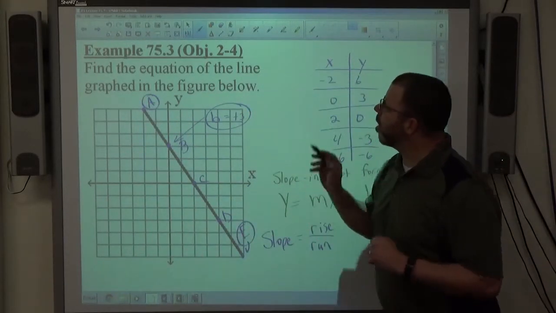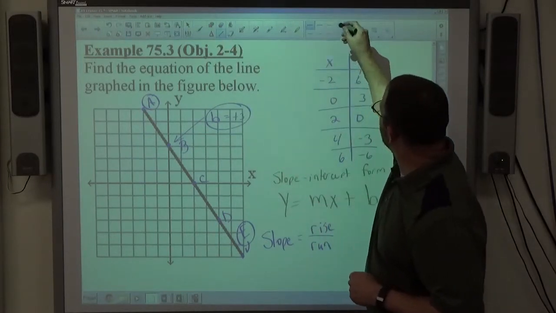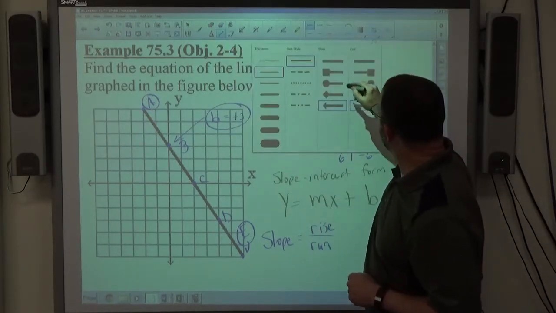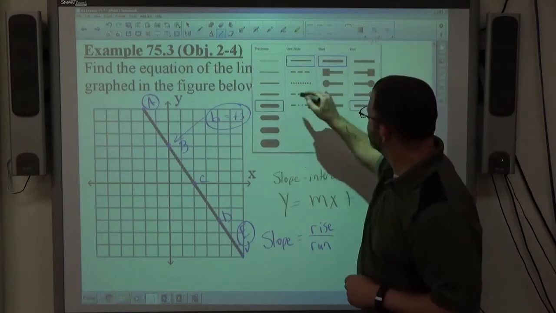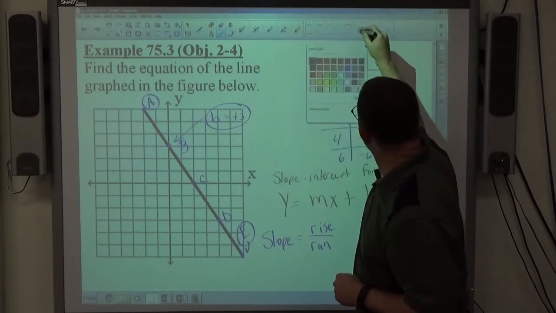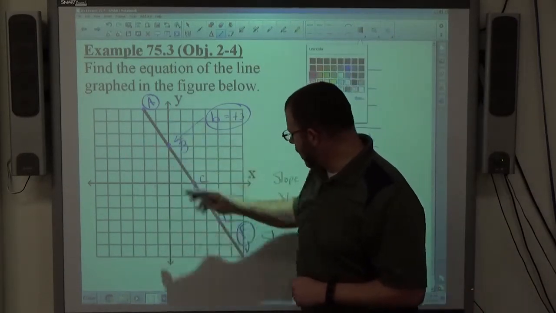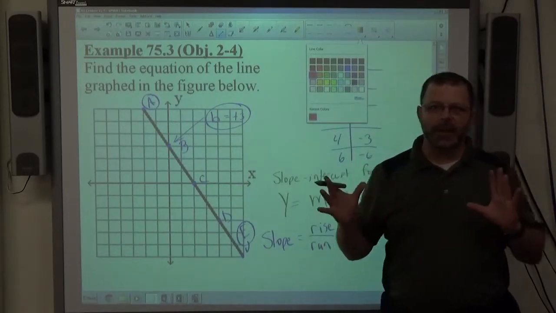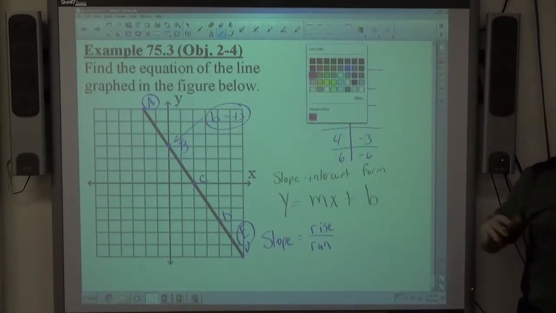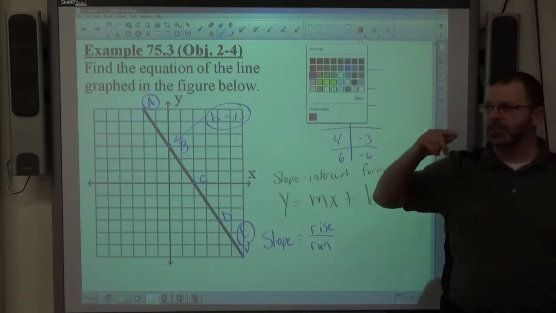Alright. So to find slope, I'm going to go from point A to point E. Let's go with a red line here. So from point A to point E, imagine you're at a mall. A really big mall in a big city, not the one in Norfolk. It's so big that it's got different levels, okay?